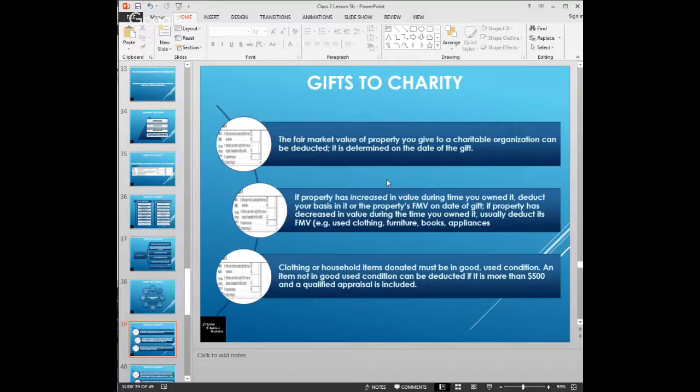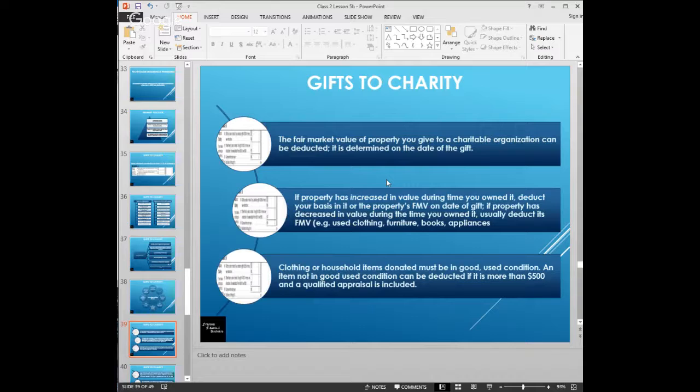So for example, if you have a refrigerator and you paid $750 for it, and now the refrigerator is basically worth $150 when you donate it, then you would deduct the $150, not the $750. If, on the other hand, you bought, I'm trying to think where it would go the other way, where it would increase in value.